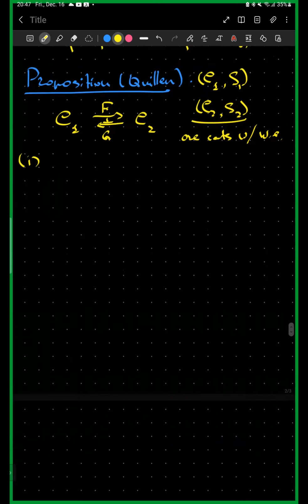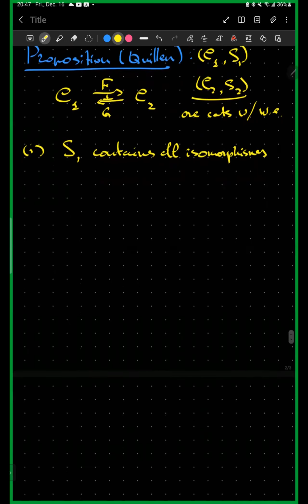Then, or maybe don't assume that, because, yeah, in the original formulation, it looks like this. So S1 contains all isomorphisms of C1, and additionally the 2 out of 3 property.